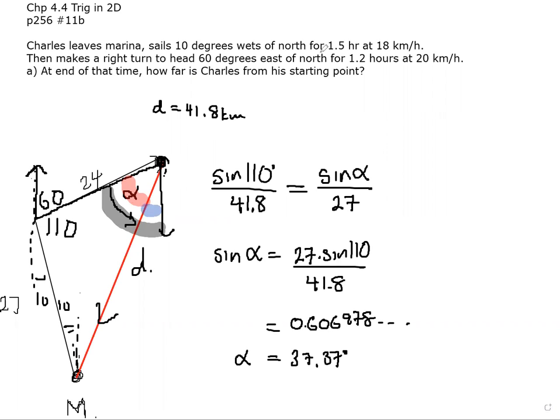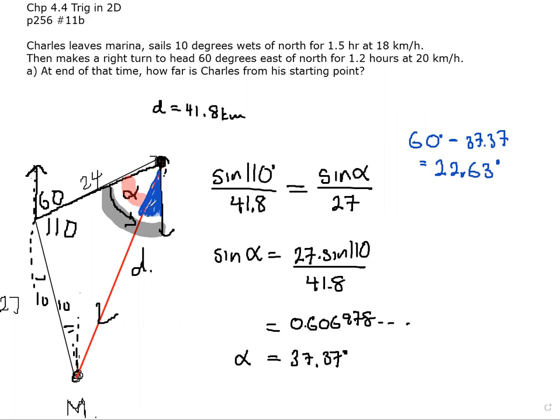And that's all I really need. So let's do it. 60 degrees subtracted by alpha, which is 37.37, is going to be 22.63 degrees. That is the leftover piece.